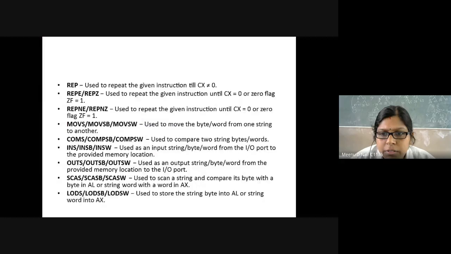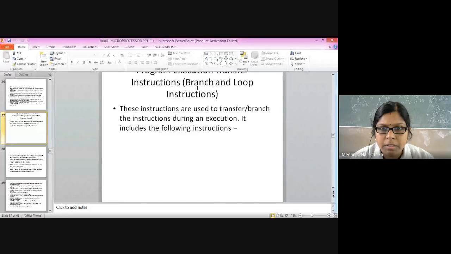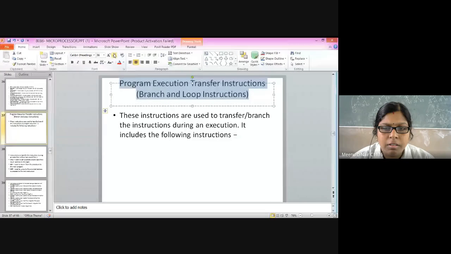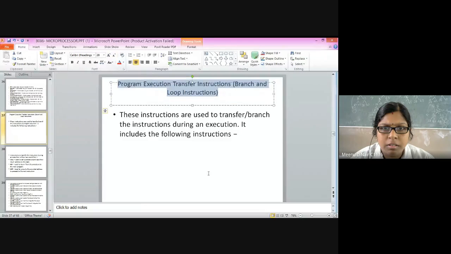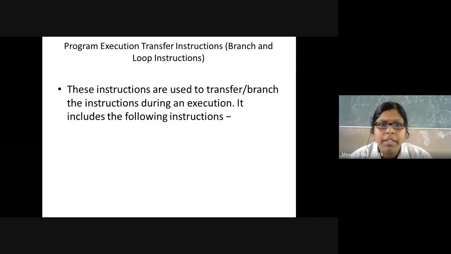Okay, now what is next? Now it's readable, right? Okay.